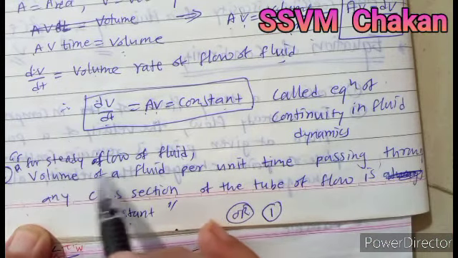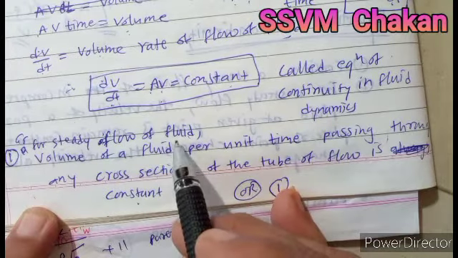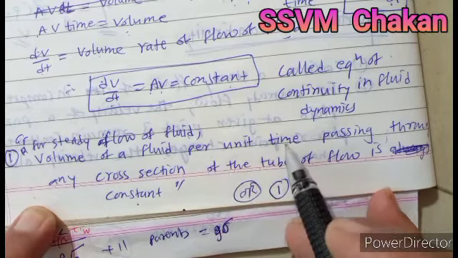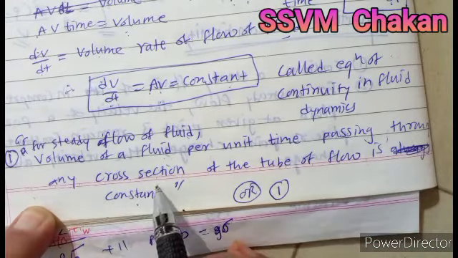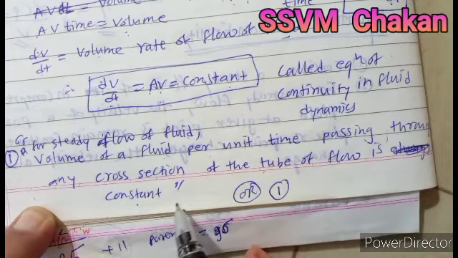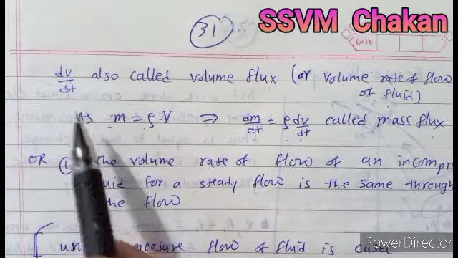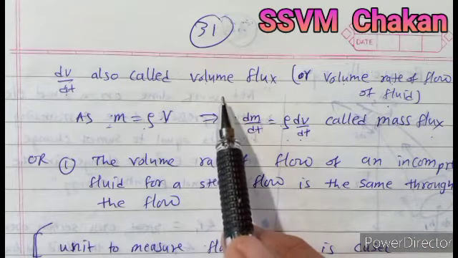That means for steady flow of a fluid, when the flow is steady and constant, the volume of fluid per unit time passing through any cross-sectional area of a tube of flow is a constant. This rate of flow of a fluid is also called volume flux.